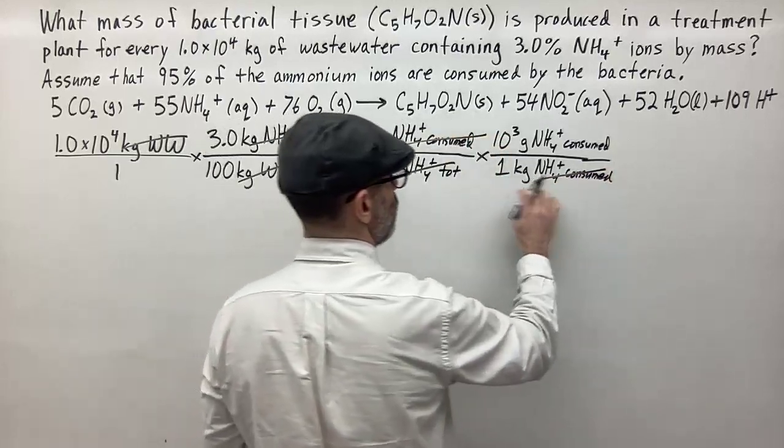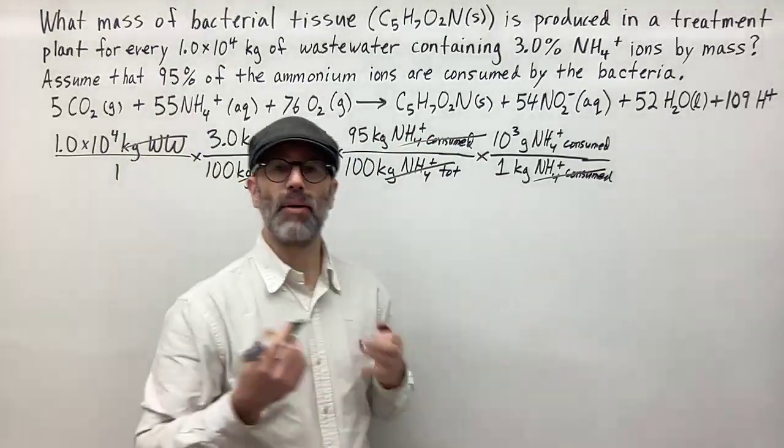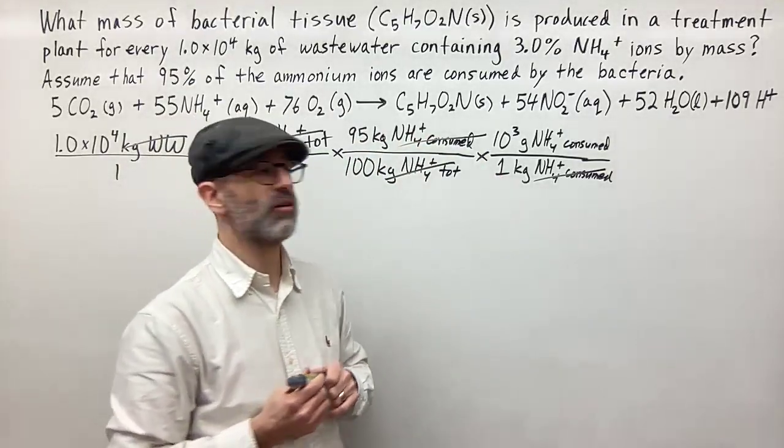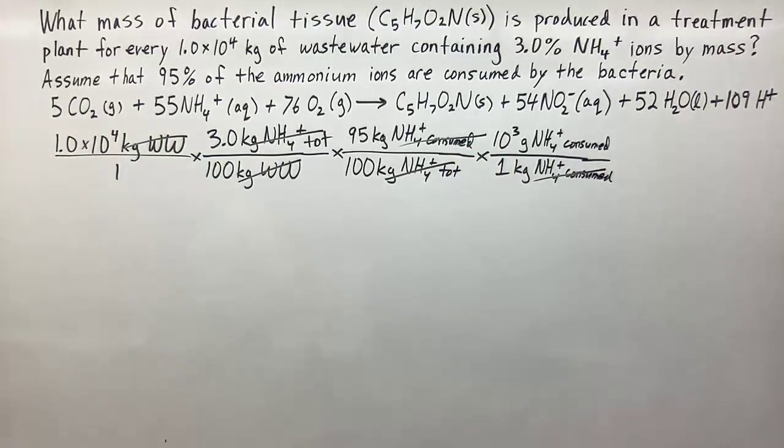So kilograms of NH4 consumed cancels out. Now I have grams. Now I can use the molar mass of NH4 plus. When I look that up, it's going to be 18.039.